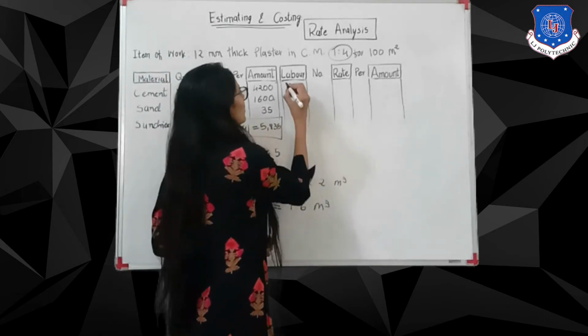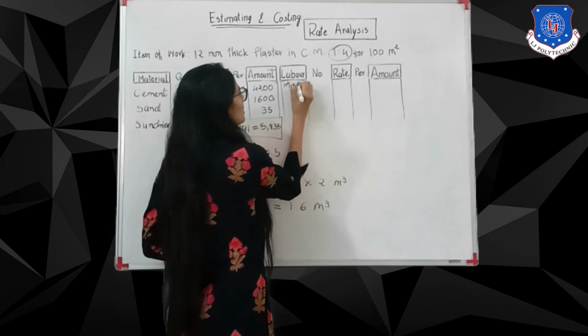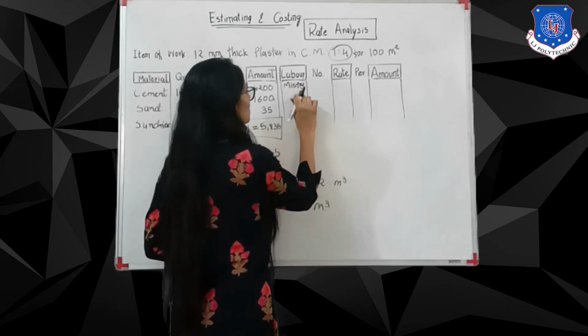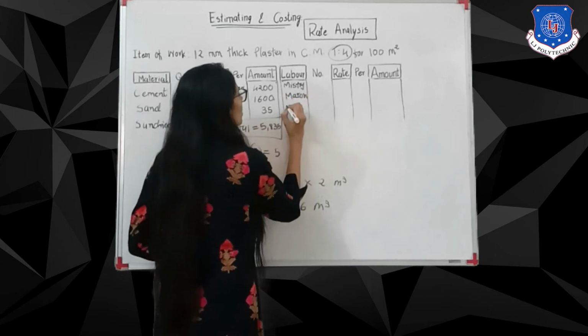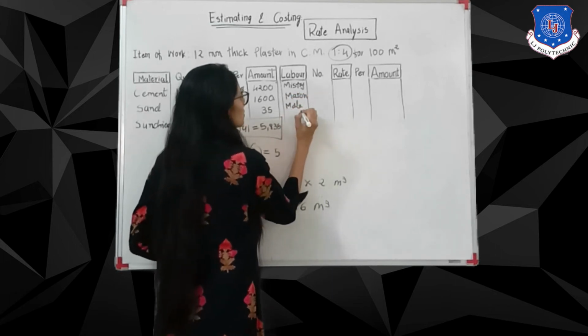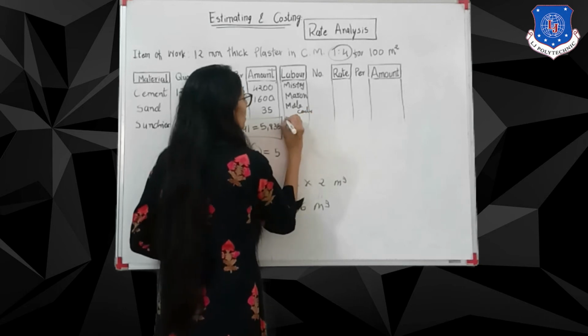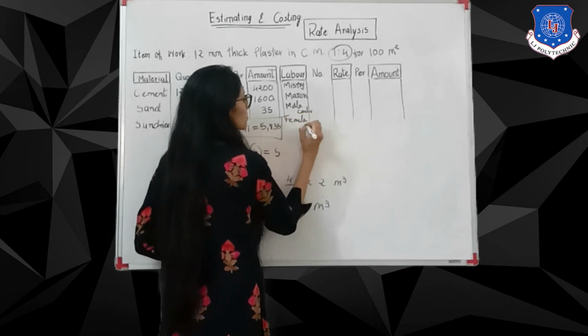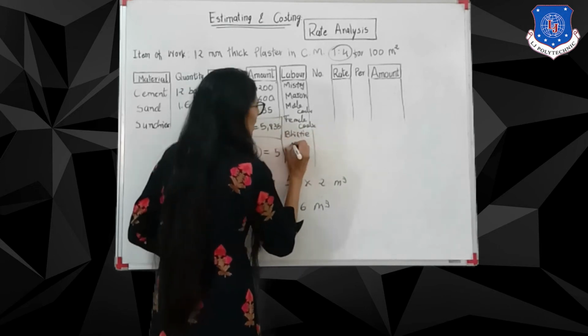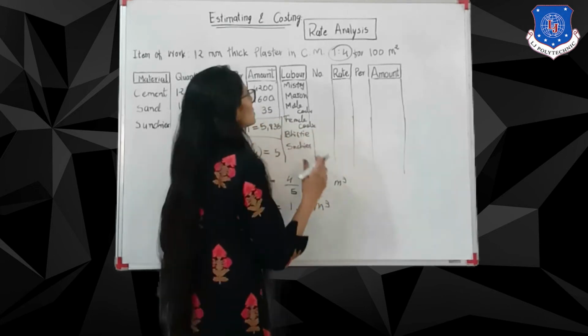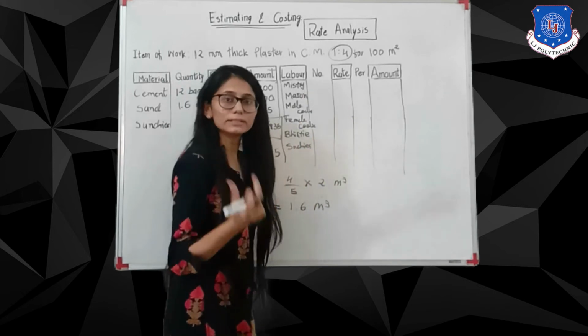Now let's move into the labors. For plaster work, first we will require the main mason, that is Mistri. Another mason, male coolies, female coolies, bishti and sundries. Now I am adding the numbers, the quantity of labors.